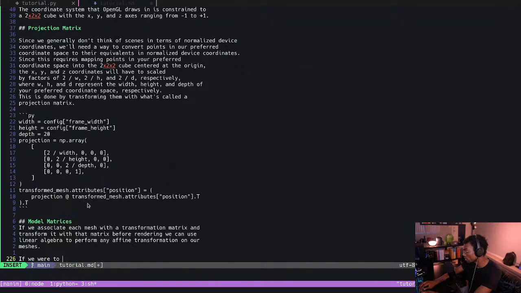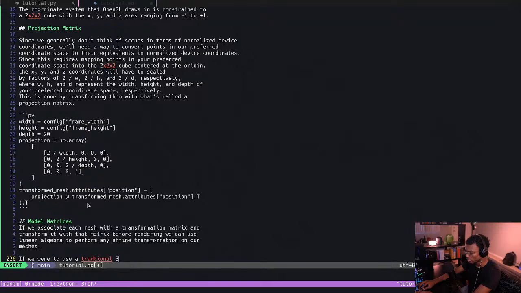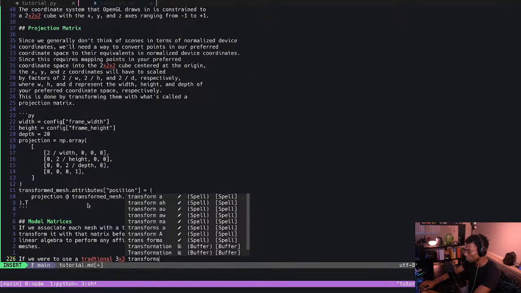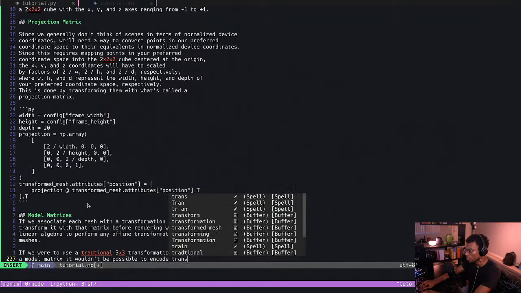If we were to use a traditional 3x3 transformation matrix as a model matrix, it wouldn't be possible to encode translations.